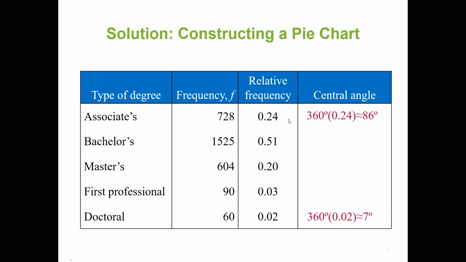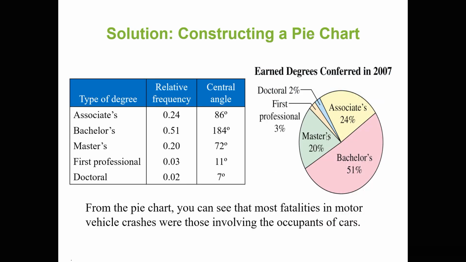Generally, we don't do this by hand. We use computer software like Excel, but here we are going to look at how to compute it. Just multiply each of these by 360, and you'll have all of that, and you can now proceed to draw your pie chart, and that will be it.